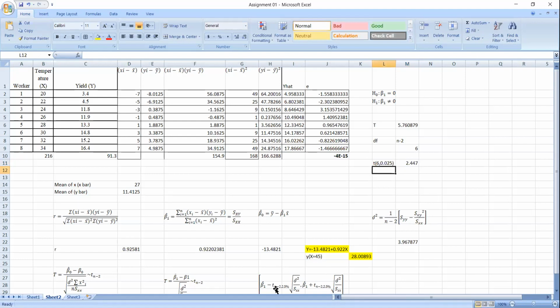So this is the t, n minus 2, 2.5% value from the table. The same value you can take with the minus mark to get the value of the other side.